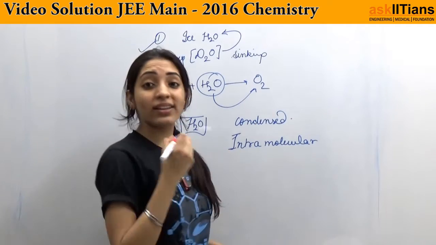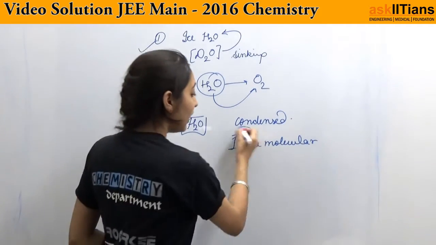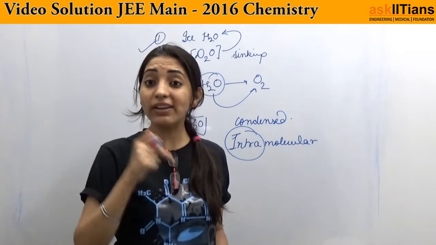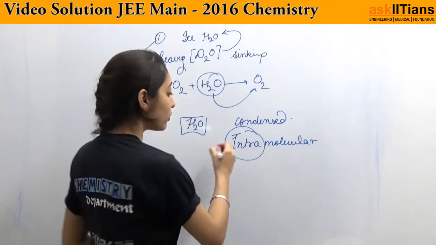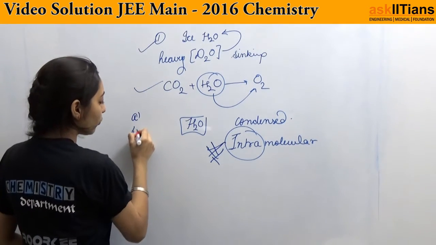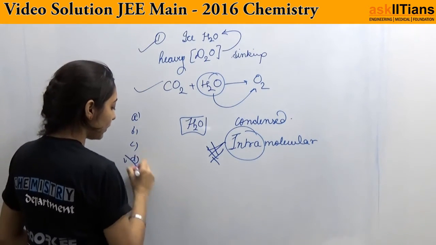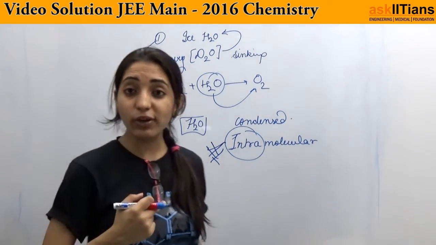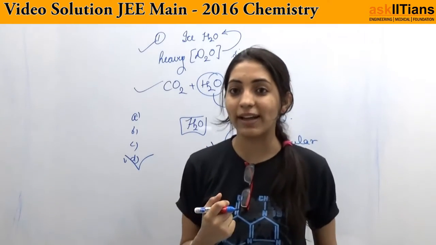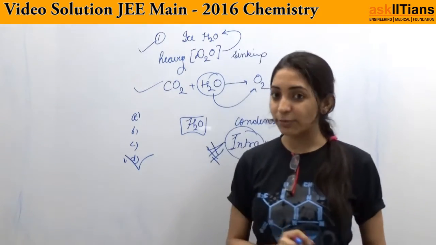See, you could have made this particular mistake in the question. Intra means within the same molecule, but how can water have intramolecular hydrogen bonding? So this is the false option for this question, and hence out of B, C and D, D is the correct answer because we were to give the false statement. This is one common mistake which students make in the exam. So this was the answer for this particular question.